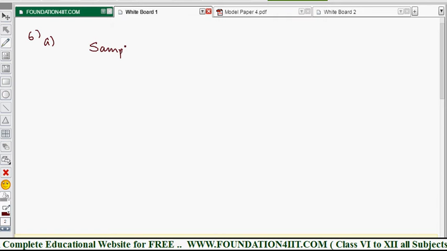We need to find out the sample space first, n of S, which is the total numbers. n of S is equal to 99, because 0 and 100 are not included.